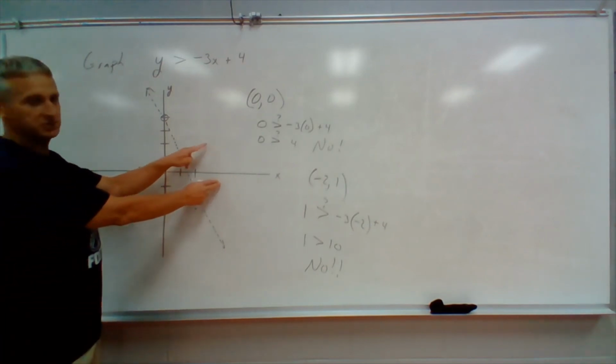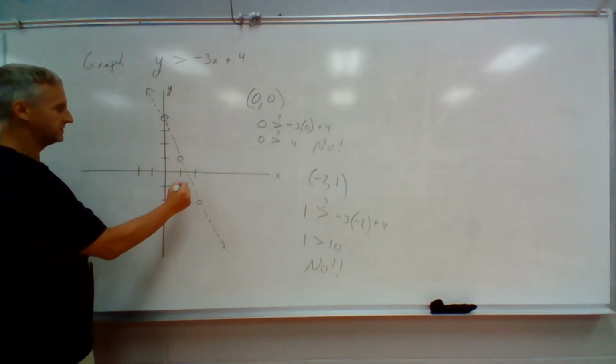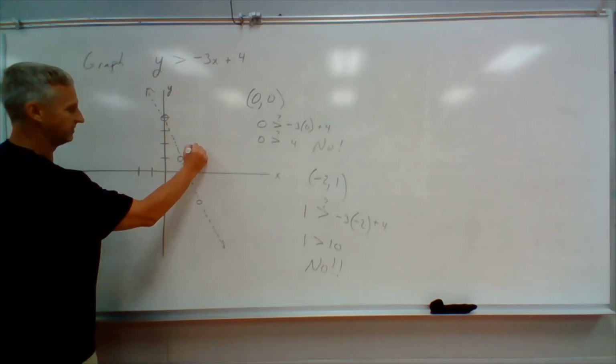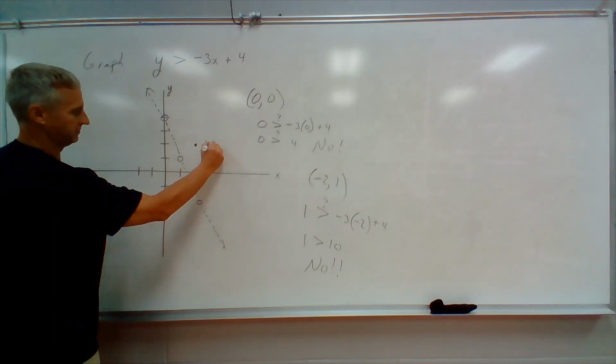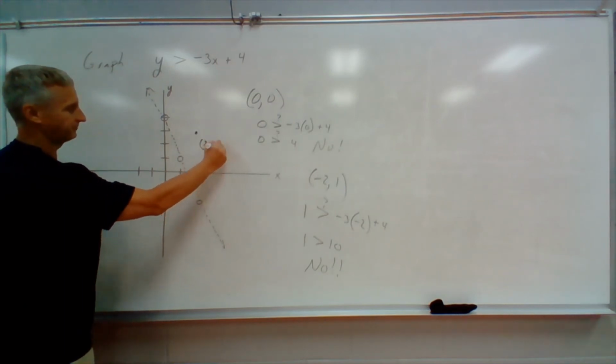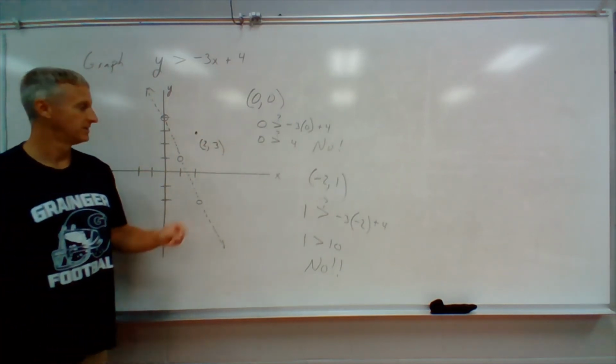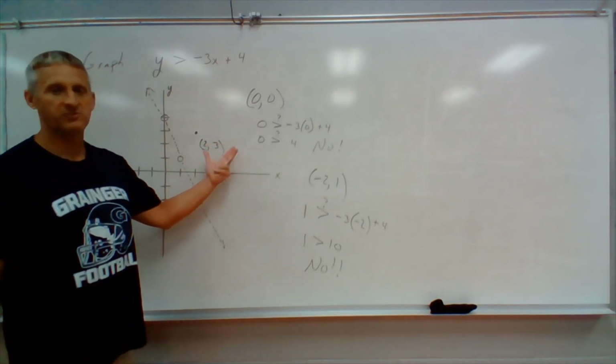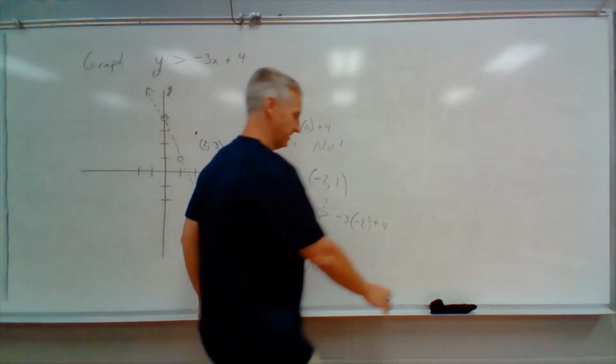Let's try one over here just to make sure it works. Let's do maybe this point. 2, and we'll move it up to that one, 2, 3. So the point 2, 3 is probably going to be a solution. Let's check and see.